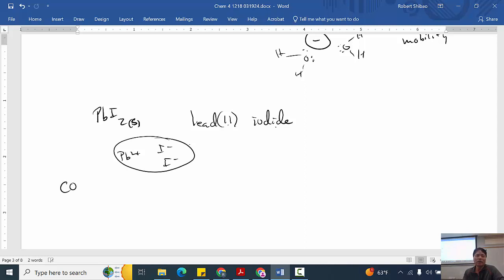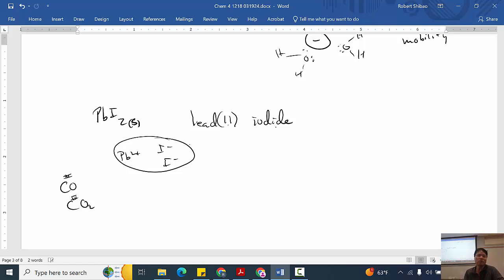Like, for example, carbon can have CO and CO2. Here, these are binary molecular compounds, and we don't know which carbon that is. And therefore, we have to say carbon monoxide or carbon dioxide. We can name these as ionic compounds if we write the charge on the carbon. So this is carbon 2 oxide.